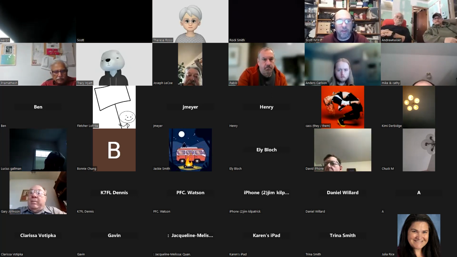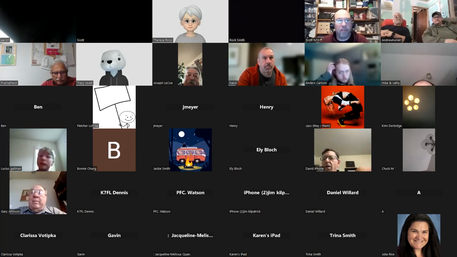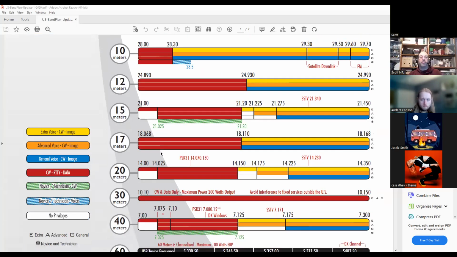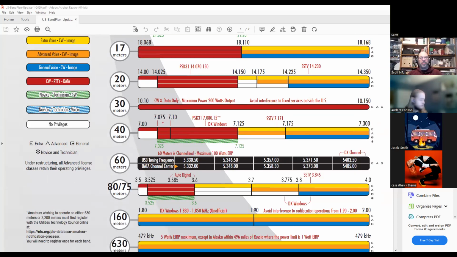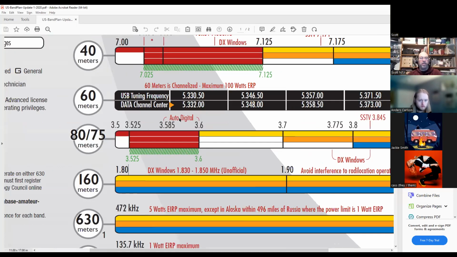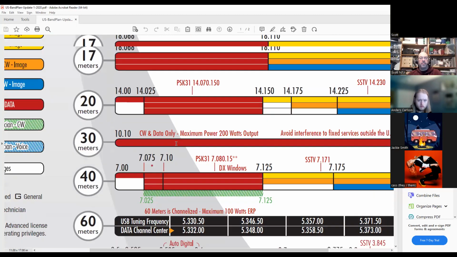The only difference really fundamentally between the general class exam and the technician exam, because I go way above and beyond what you really need to know for the technician class license, is that the technician license gives you this little swath, the little green hatch down here on 80 meters. It gives you the green hatch on 40 meters.